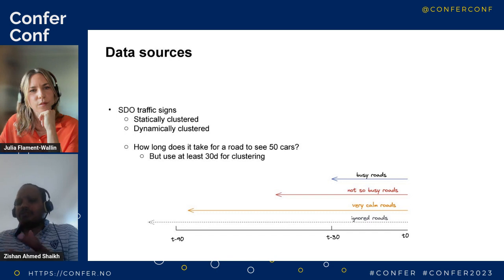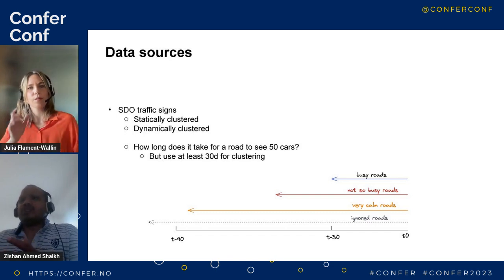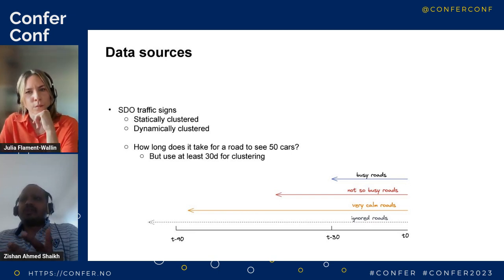So we'd have at least 50 cars going on these roads in 90 days, but it would also have a huge computational impact because you can imagine that there are also busy roads where we have a lot of cars driving on these roads every day.